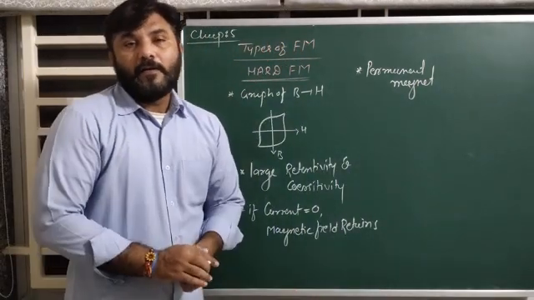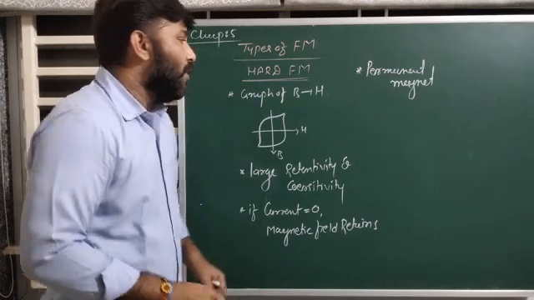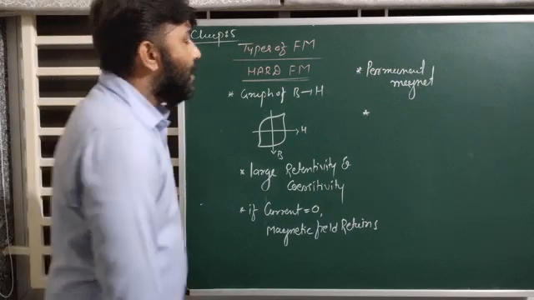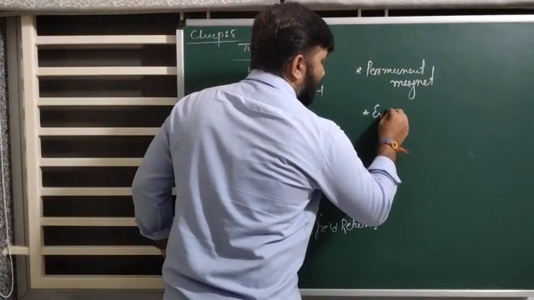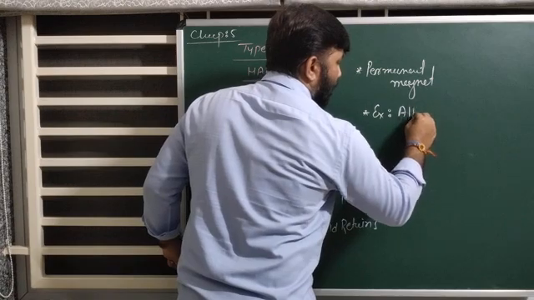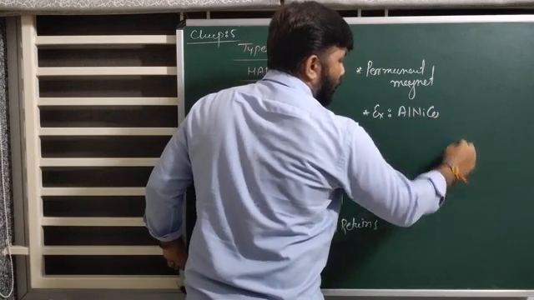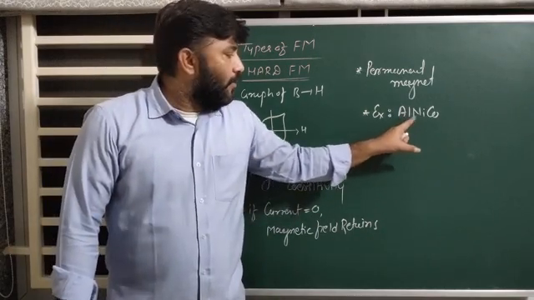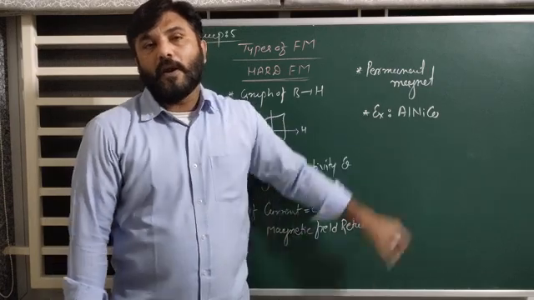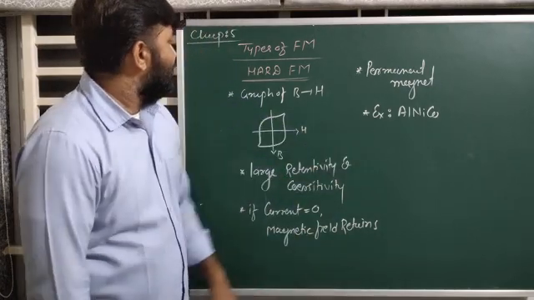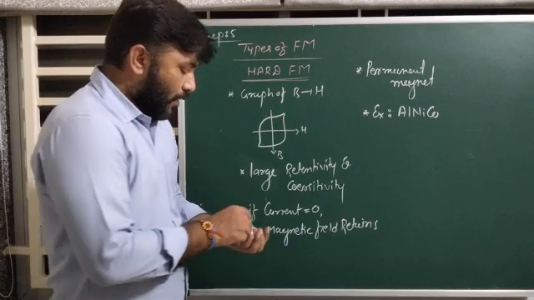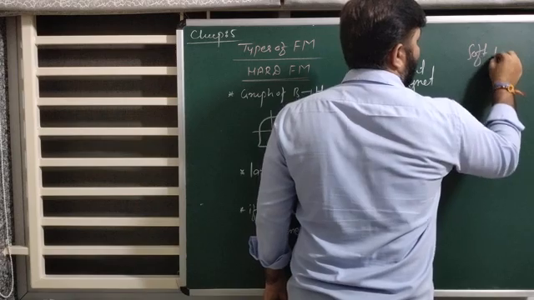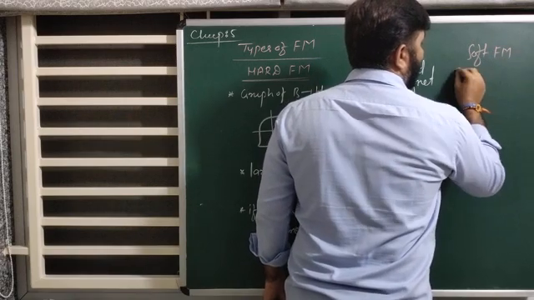Which are the materials used as ferromagnetic material? So the last point of this hard ferromagnetic material is, for example, Alnico, right? That is an alloy of aluminium, nickel and cobalt. This is about hard ferromagnetic material, and another type is soft ferromagnetic material.